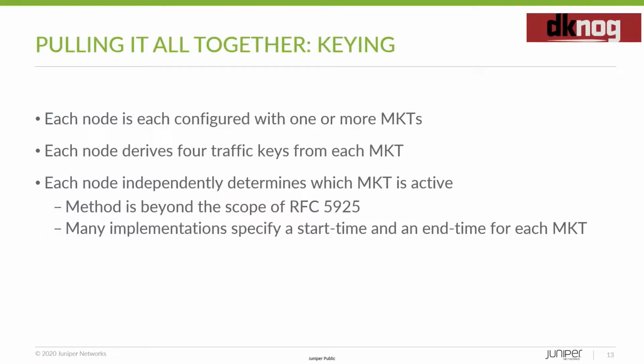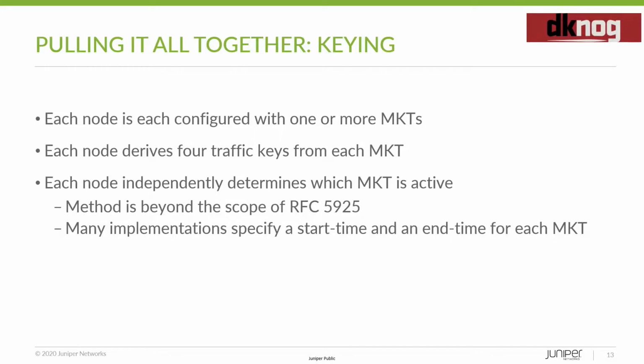So basically, okay, we put it all together. Each node is configured with one or more MKTs, and whenever they have an MKT, they derive traffic keys from the MKT. That means there's an abstraction: whatever master password you have in your MKT is not used for actual traffic access.